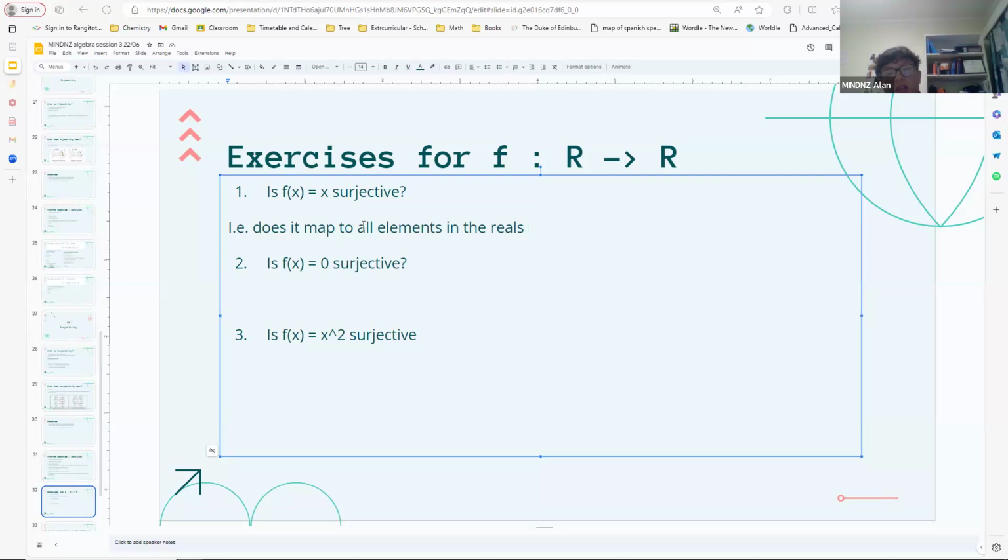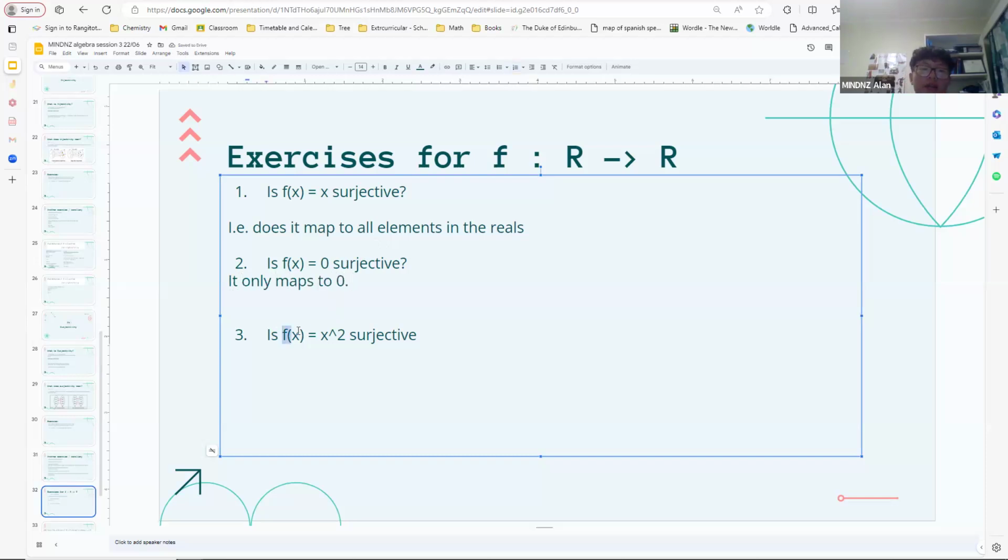So basically, for any value of x within the reals, we just need to plug in that same number to get it, right? Which tells us f of x maps to all the reals. But is f of x equals 0 surjective? Of course it's not, right? It only maps to 0.